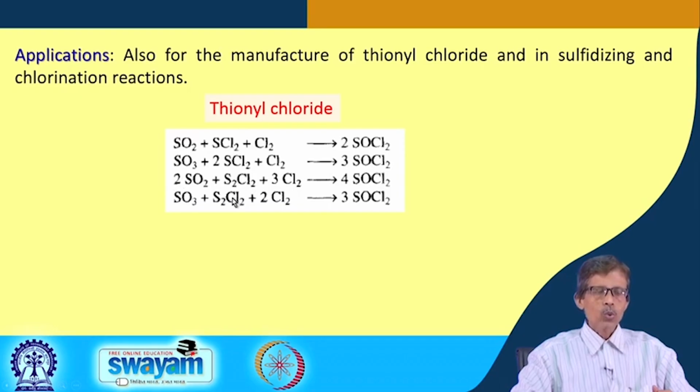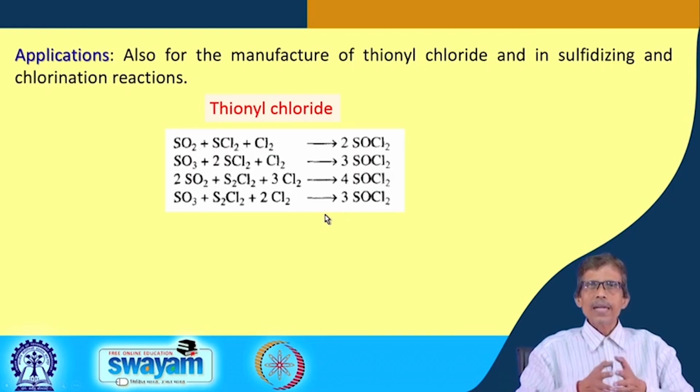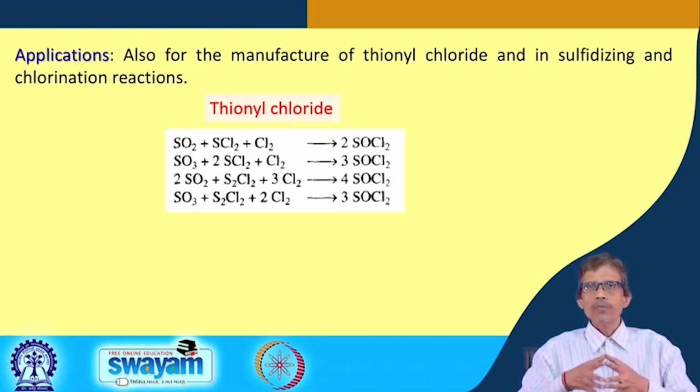And for the next 2, again we are using either sulfur dioxide or sulfur trioxide, but now our substrate is disulfur dichloride in presence of chlorine again, giving you 4 molecules of thionyl chloride in the first case and 3 molecules of thionyl chloride in the second case. So, the basic strategy for all these 4 types of reactions is the same.